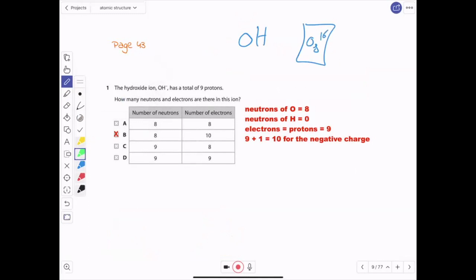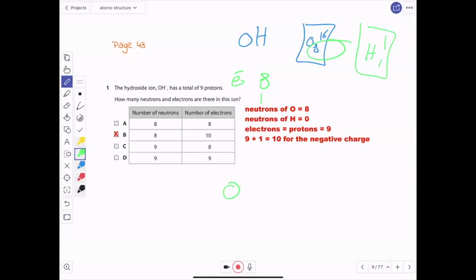So protons for oxygen is going to be 8, right? Protons and electrons are identical for oxygen, so 8 electrons. What about hydrogen's electrons? How many electrons does hydrogen have? Hydrogen has only 1 electron, right? So electrons for hydrogen is going to be 1.